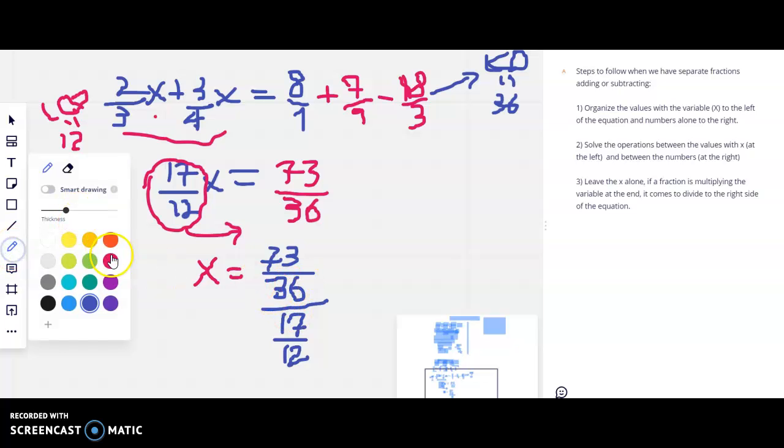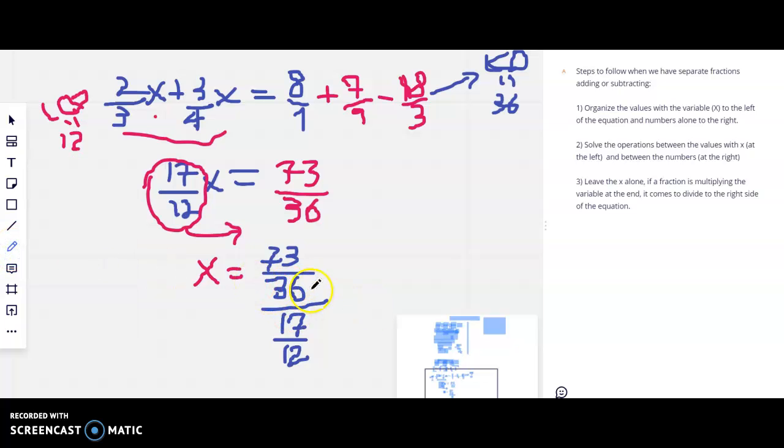So we have to solve this operation, this times this, 73 times 12, and then we simplify. At the end, the simplest answer will be x equals 73 over 51.